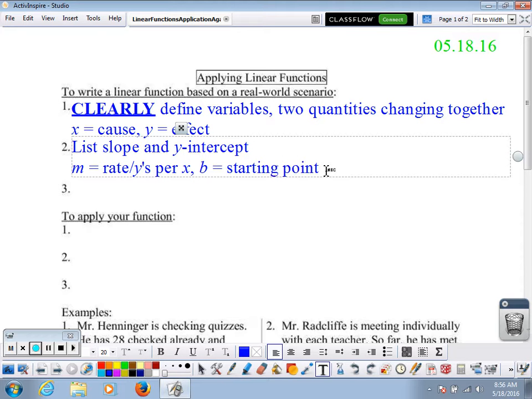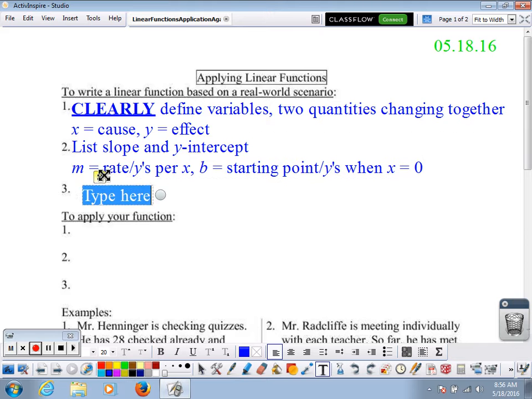Very good. It's the starting point. It's how many y's when x is 0. It's what you have for y at the very beginning of the story. And then once we have all those pieces, we can sub into y equals mx plus b.